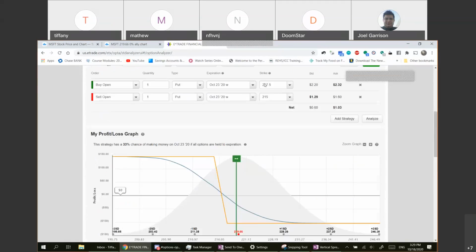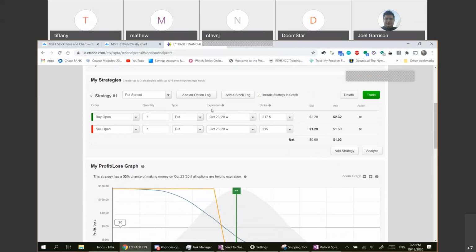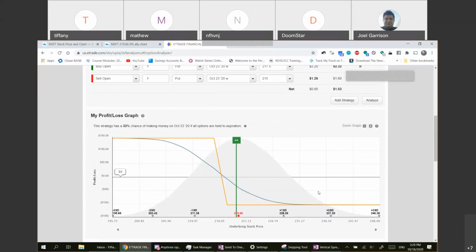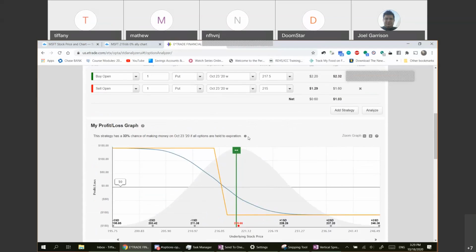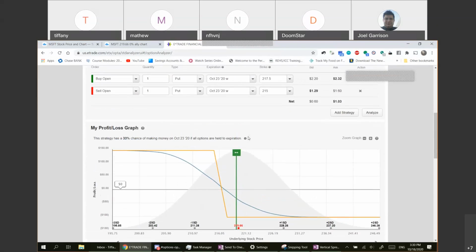So in that case, we always want to limit our losses. I don't think anyone talks about stop losses in debit spreads, but when you do them, you should always be mindful of what your stop loss is and how much you should take.